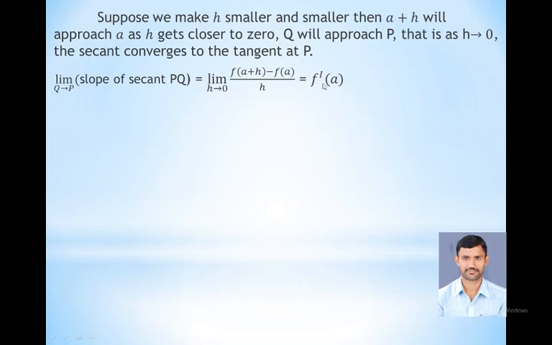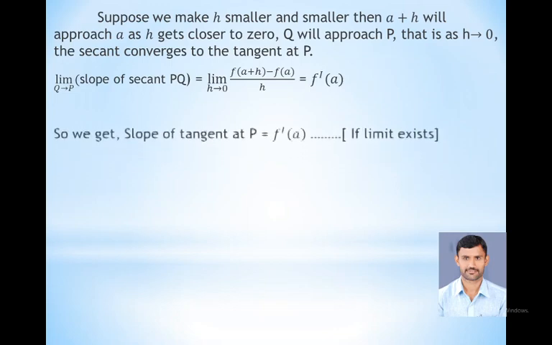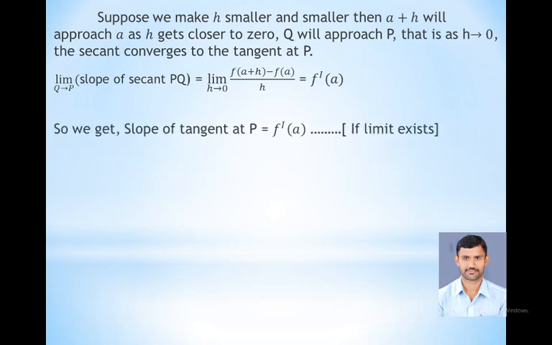Dash means first derivative. It can also be written as f dash of x is equal to limit h tends to 0 f of x plus h minus f of x upon h, and this is known as derivative by first principle. So we get slope of tangent at P is equal to f dash of a if the limit exists.